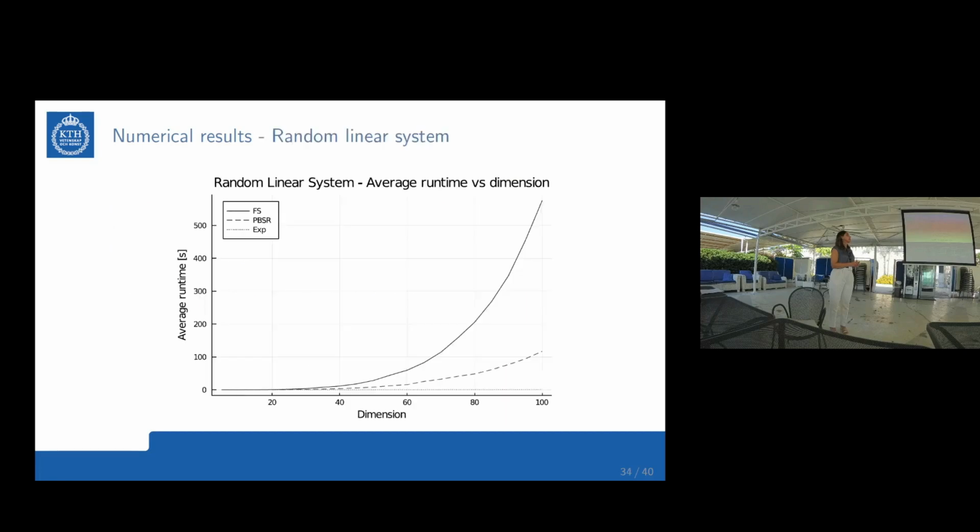And we considered values from 5 to 100. And these are the results, the timing results. And as you can see, for high dimensions, the forward sensitivity is much more efficient than the Peano-Baker series algorithm. But you see that the exponential algorithm is always really, really efficient.